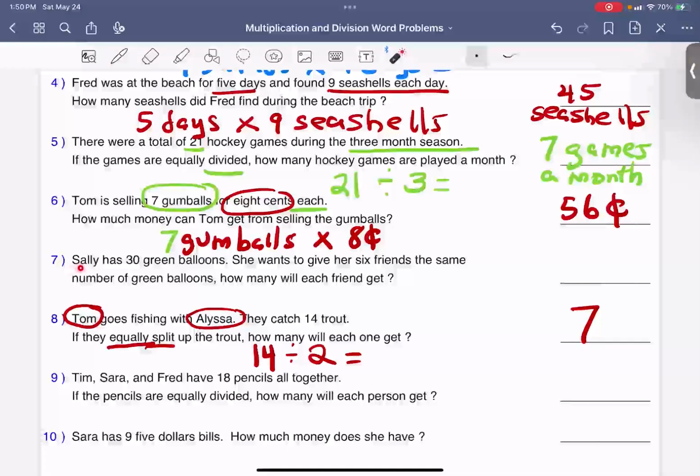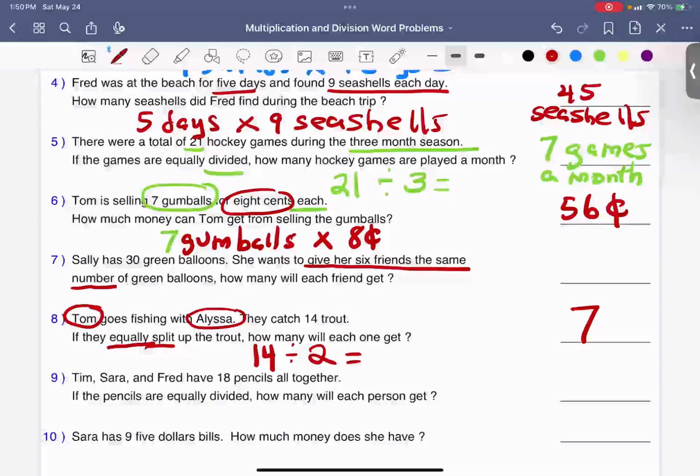Let's go to number 7. Sally has 30 green balloons. She wants to give her 6 friends the same number of green balloons. How much will each friend get? What are some words in this problem that tell us what operation we need to do? Well, I see here, give her 6 friends the same number.